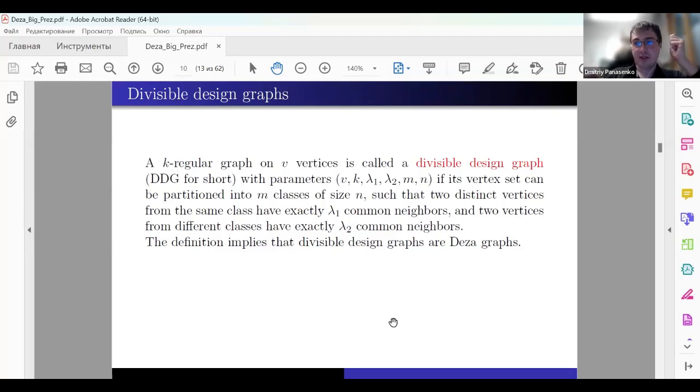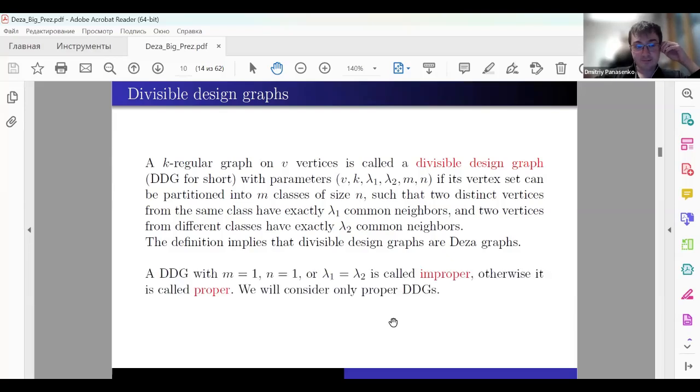So we have a restriction on the number of common neighbors as well, 2 possible values, lambda 1 and lambda 2. This definition implies that divisible design graphs are actually Deza graphs.